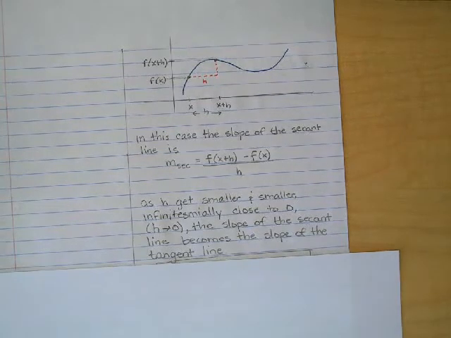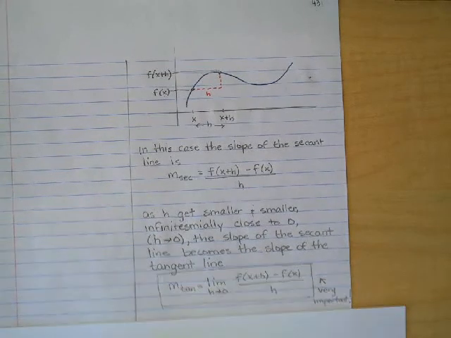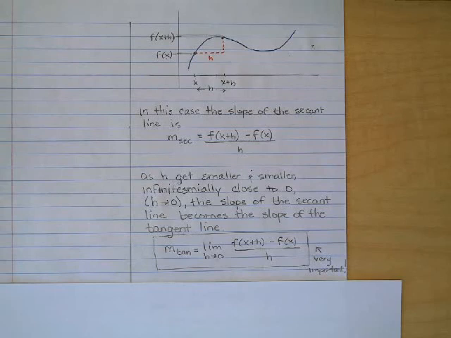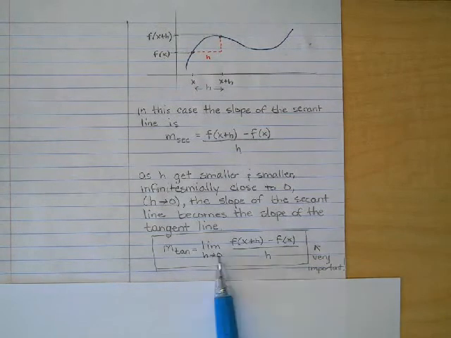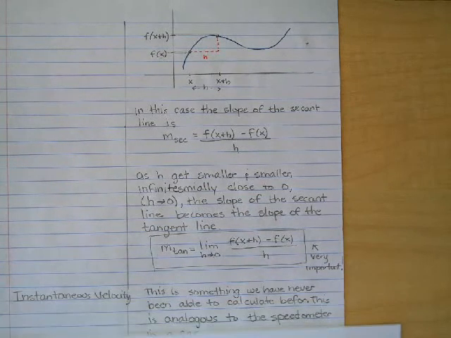Again, you'll need to pause to get that all in. Aha! Look at that. That is way cool. That we could just take a limit of that as h approaches 0, and we'll be able to get the slope of the tangent line. Super important formula.